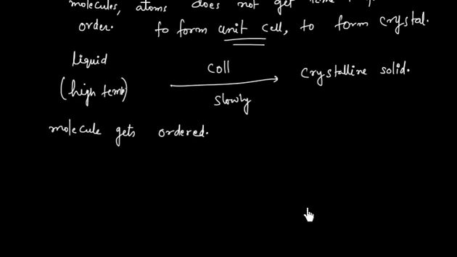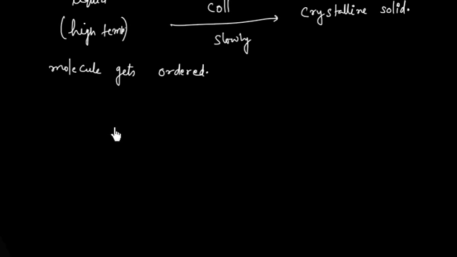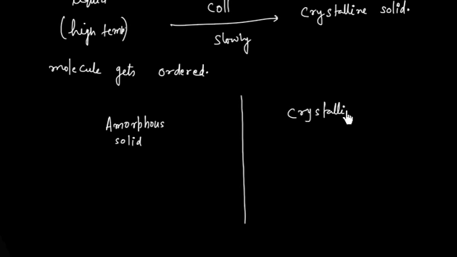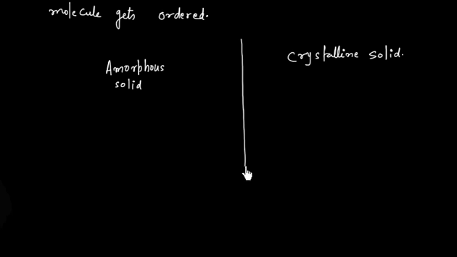Now let us discuss differences between amorphous solid and crystalline solid. On this side we have crystalline solid. Crystalline solid has a fixed shape, but amorphous solid has no fixed geometrical shape.